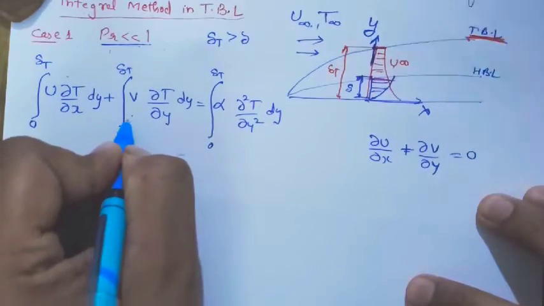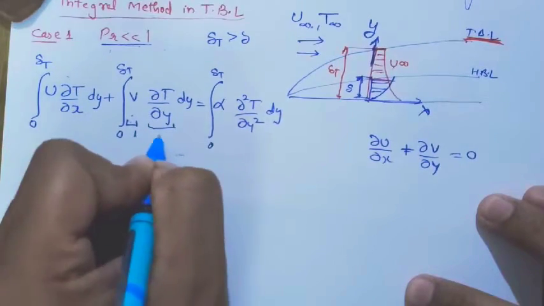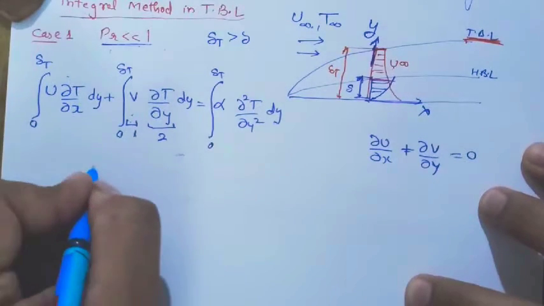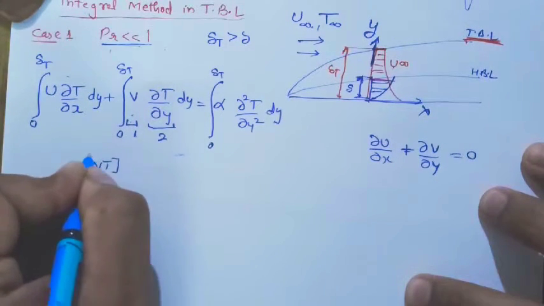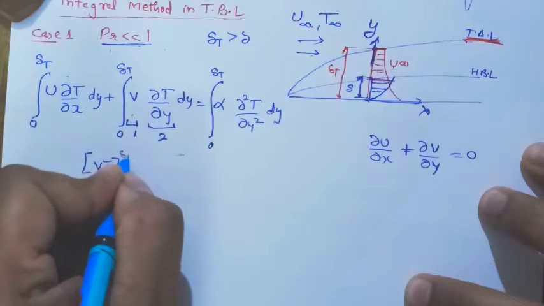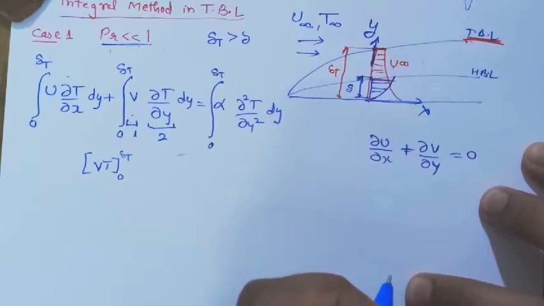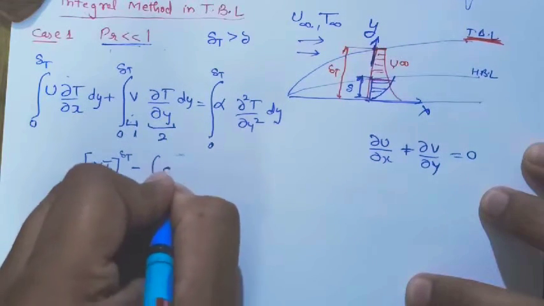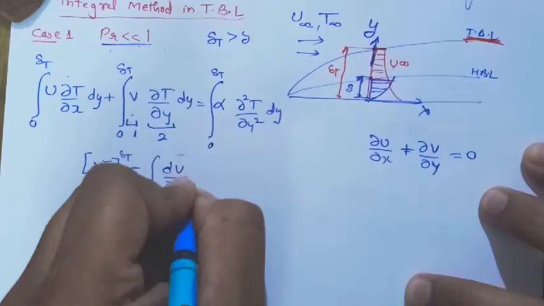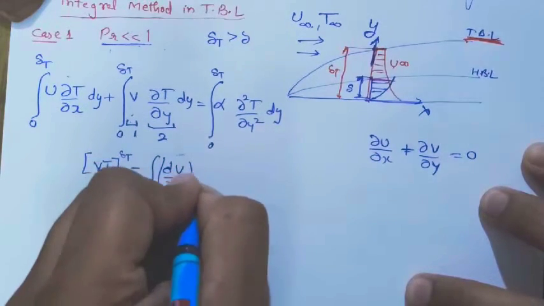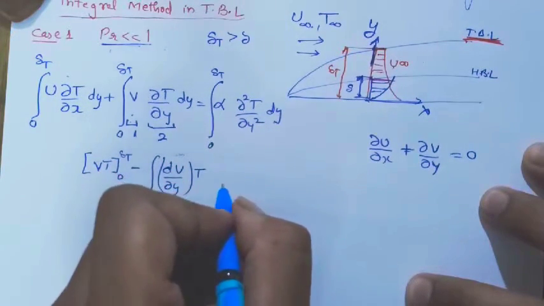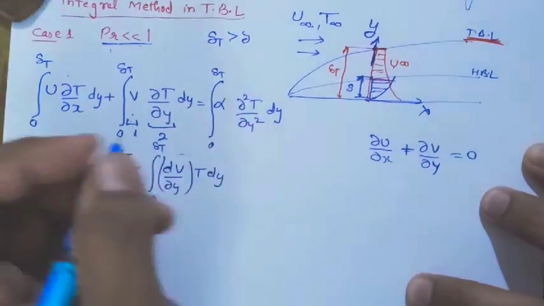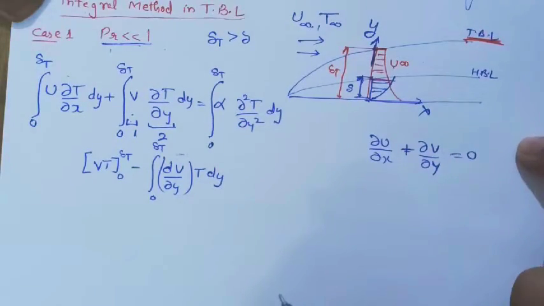So by using integration by parts, this is the first part, this is the second part, so we can write this as V T minus dv by dy with T dy from 0 to delta T, right?